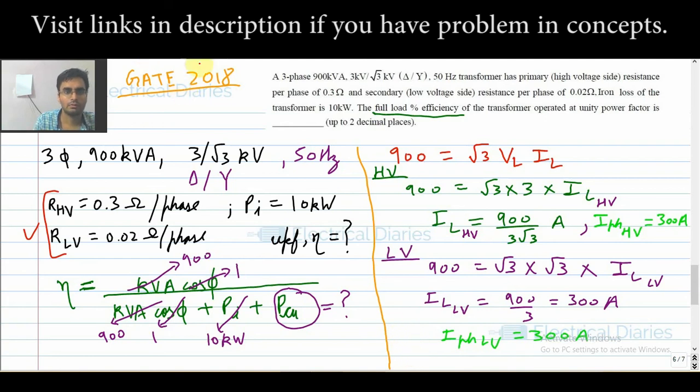Your copper losses will be 3 into, for the high voltage side, what is the I phase of HV side? 100 square into what is the resistance? 0.3, plus 3 into your LV side current, 300 square, into what is the LV side resistance? 0.02.